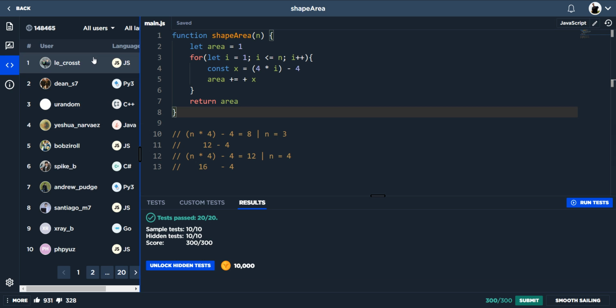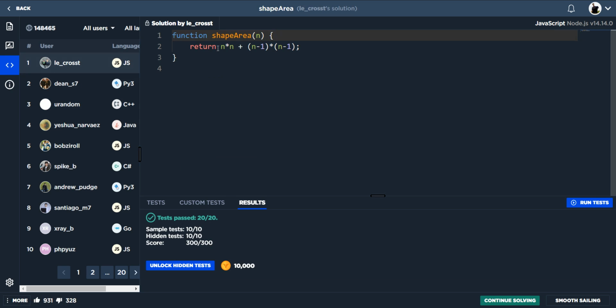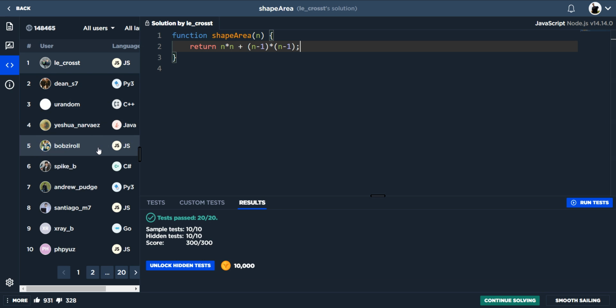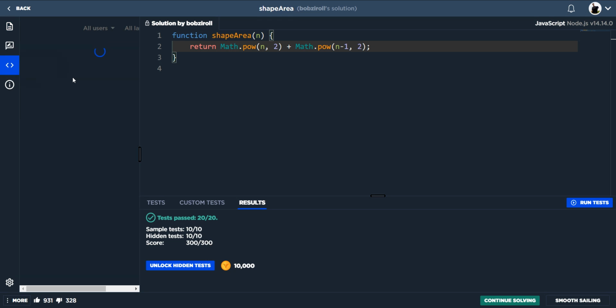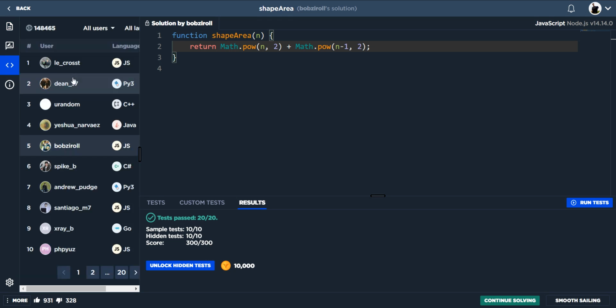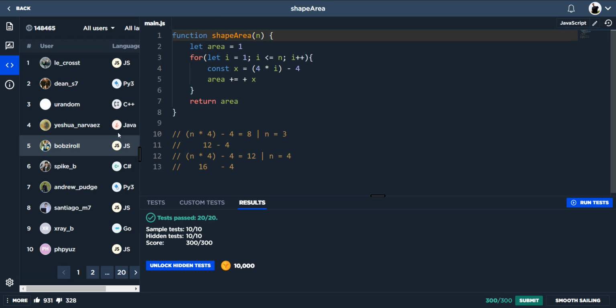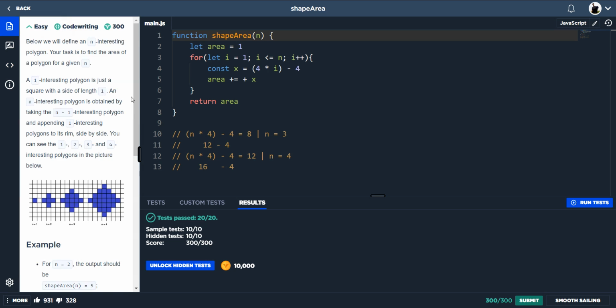Like if we look at the solution here, I'm not understanding this, so I'm not going to try and explain what's happening when I don't get that just yet. But for a sort of visual way of looking at it with the shape, I think this is a good way of explaining it.